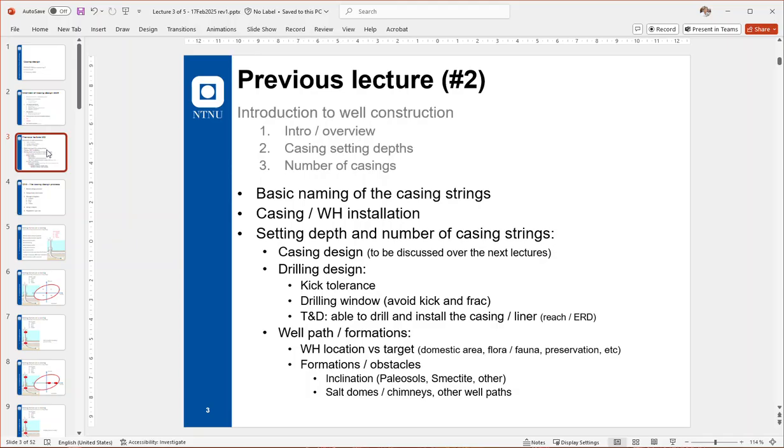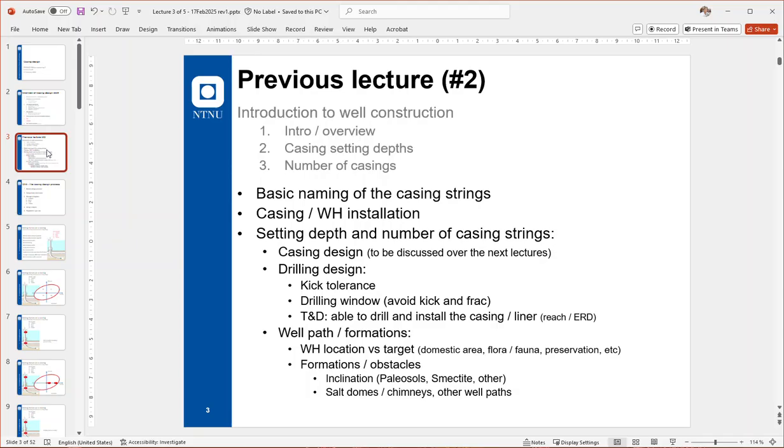Other things that influence the number of casing strings and setting depths, as we talked about, we had a really good question about this in the last lecture, and touched upon the topic of kick tolerance, which typically fits under drilling design.